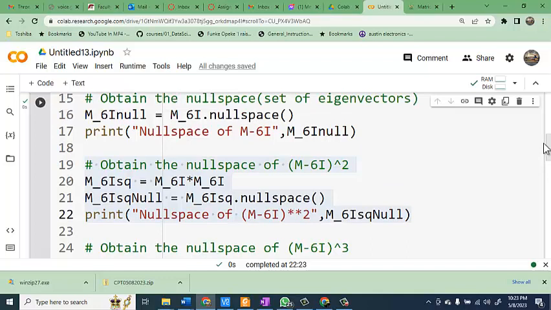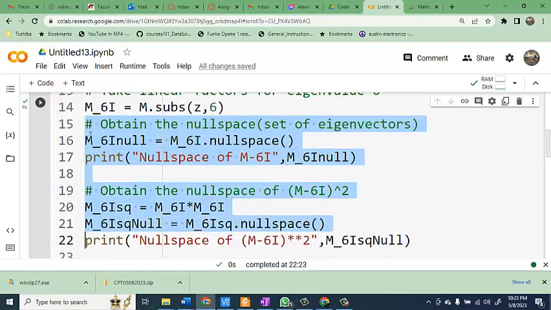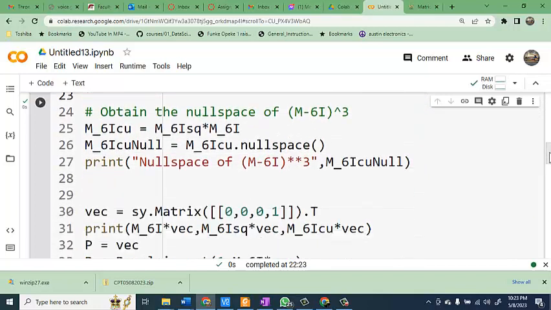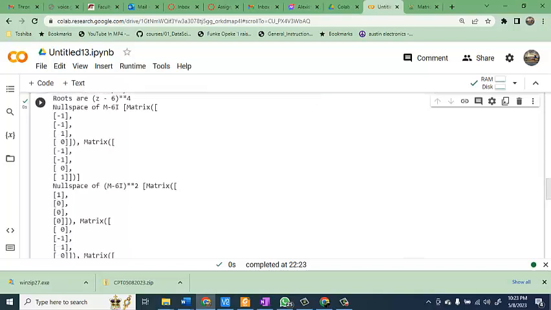Actually, I should do both of them because I want to compare them. The null space of the square should include the null space of the matrix itself, because if M minus 6I times v equals 0, then certainly M minus 6I squared times v is also 0.